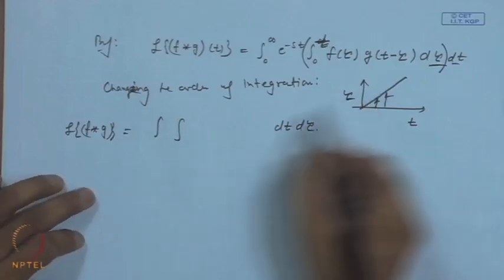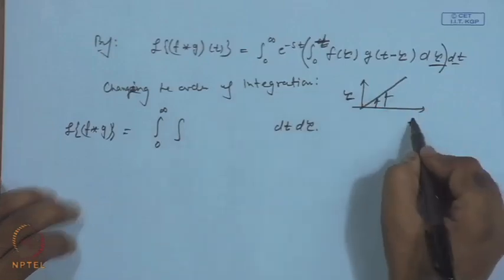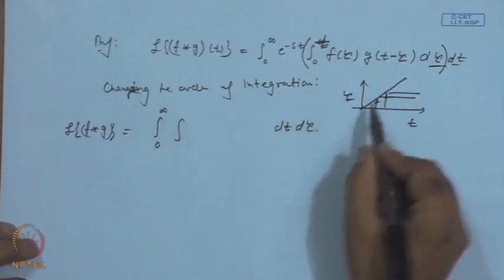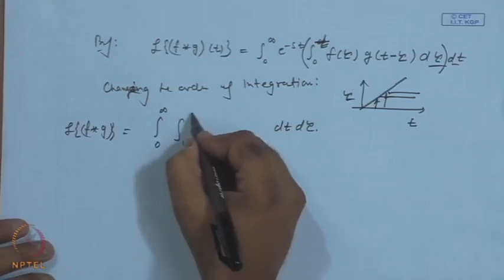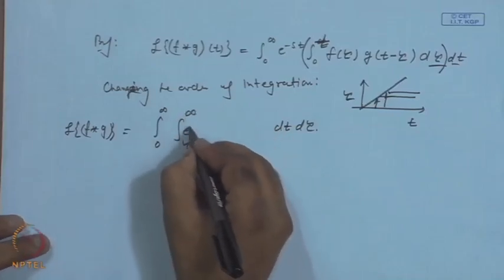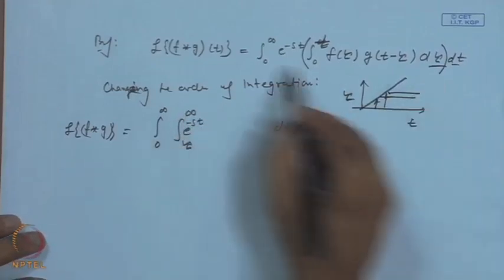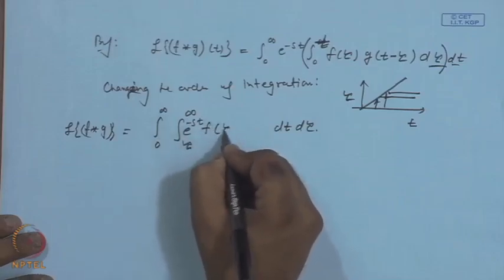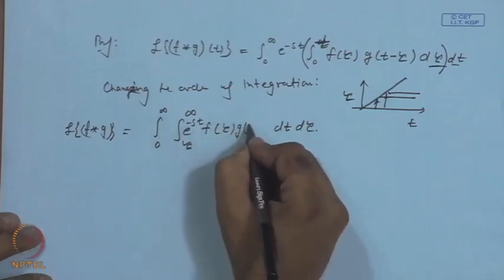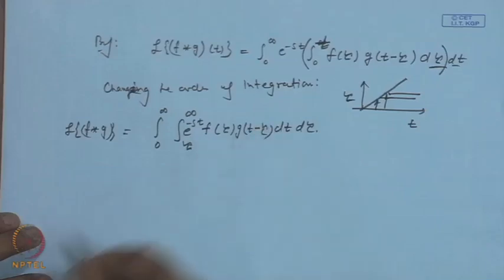So, the tau now will be 0 to infinity, and t from tau to infinity. So, this is exactly now tau to infinity, and we have e to the minus s t, f(tau) g(t minus tau) dt d tau.